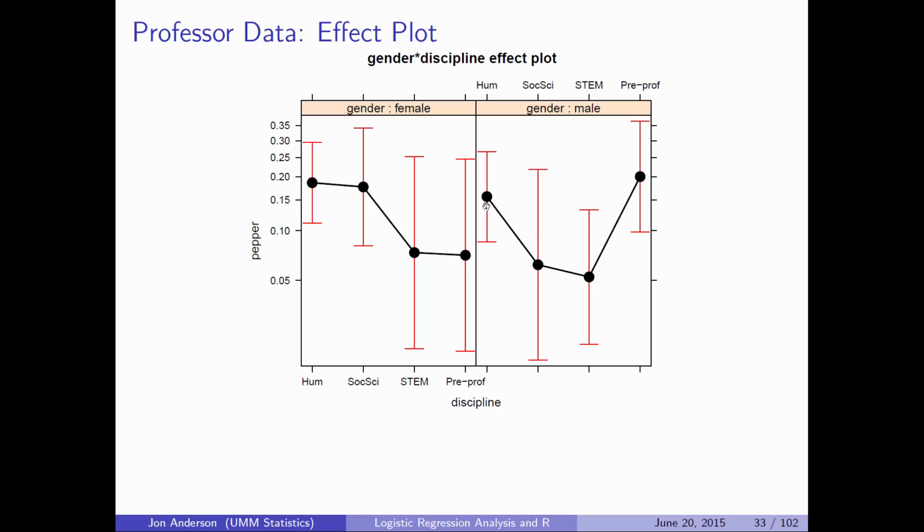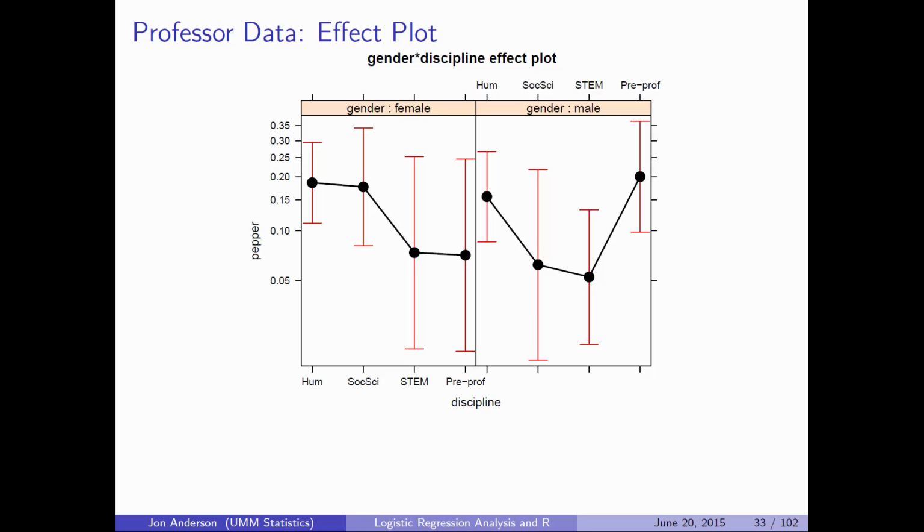It's again higher for humanities and lower for science, but social science looks like it has a little bit different behavior for male faculty, and pre-professional looks a little bit different. This right-hand panel for male looks different than it does for female, and that is another way of saying that the discipline effects are not the same across gender.